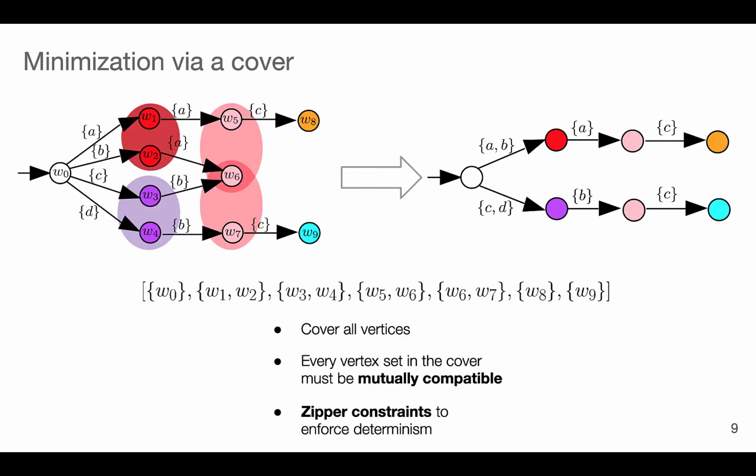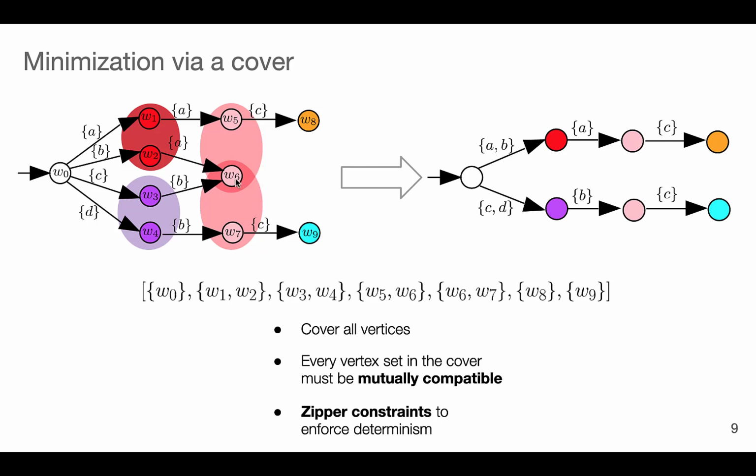It uses a vertex cover, which is a collection of sets, to model merging and splits. Every set in the cover is merged into a single vertex, so the filter minimization problem is converted into a minimum vertex cover problem, where we want to find a vertex cover with the minimum number of sets. If one vertex is included in multiple sets, then we say that vertex is first split into multiple pieces, and each piece is merged into different sets.